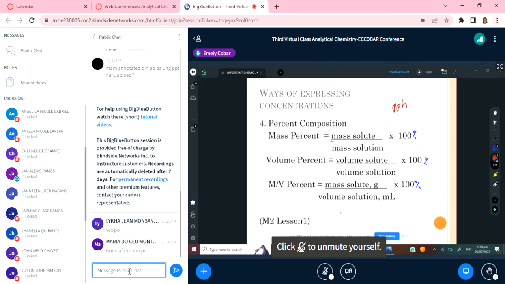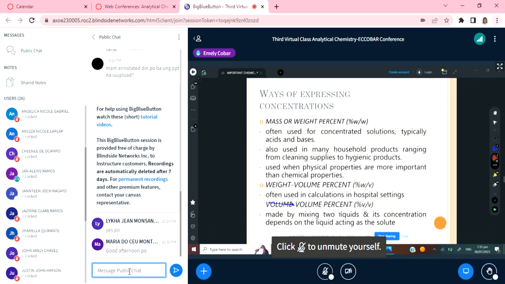Pag minultiply natin ng 1 million or 10 to the 6, then the corresponding concentration is in parts per million. Pagka minultiply natin ng 1 billion, then we have the concentration in ppb or parts per billion. Unahin muna natin yung parts per 100 or the percent composition.